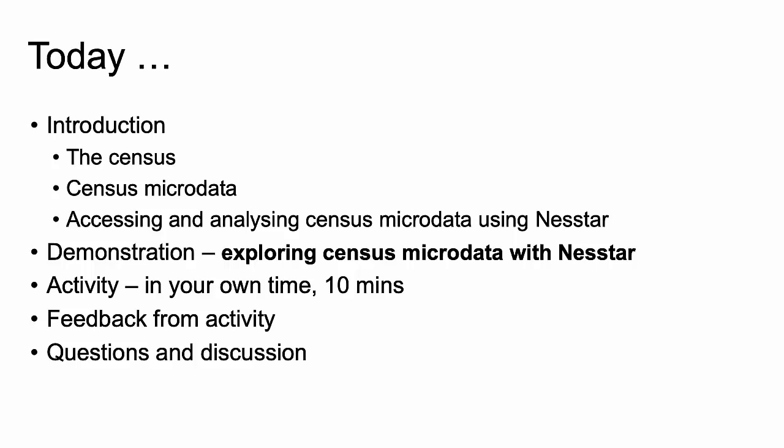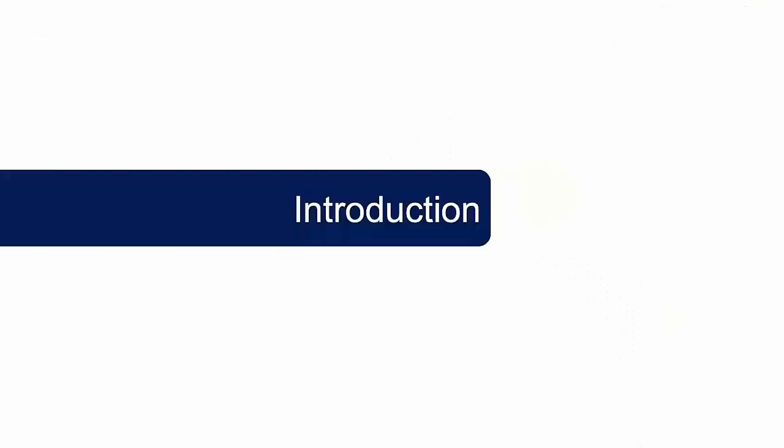Then I'm going to give a demonstration of how we access Nesstar from the UK Data Service website, and we will also show you in the demo how to find and explore census microdata live in Nesstar. And then there is an activity for you to do, and this activity will take around 10 or 15 minutes. And at the end of that, we'll come back together and discuss what you found, and also have time for any other questions and discussion.